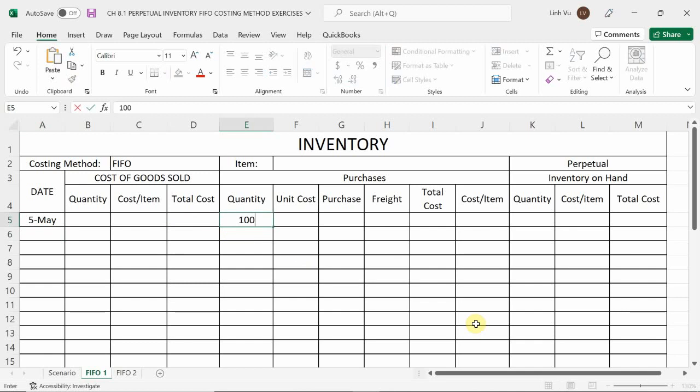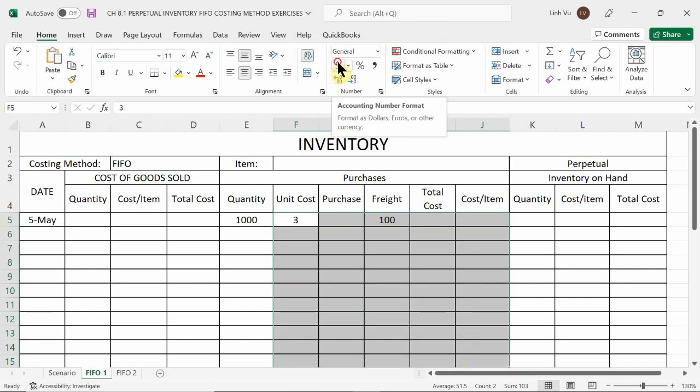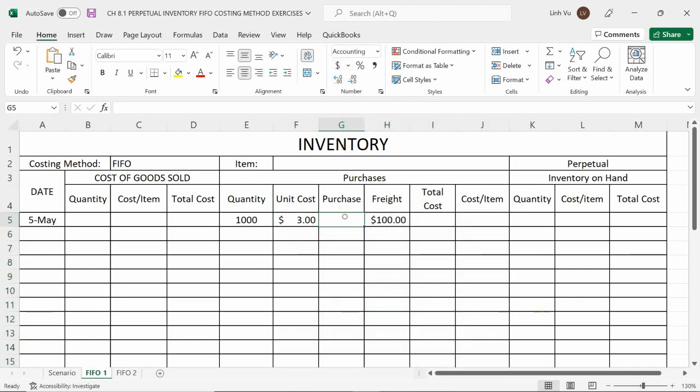So in this case, we purchased 1,000 units. It's currently at $3 each with a freight of $100. So once again, we need to do our standard formulas that we've been knowing, right? Which is going to be, what's my purchase price?